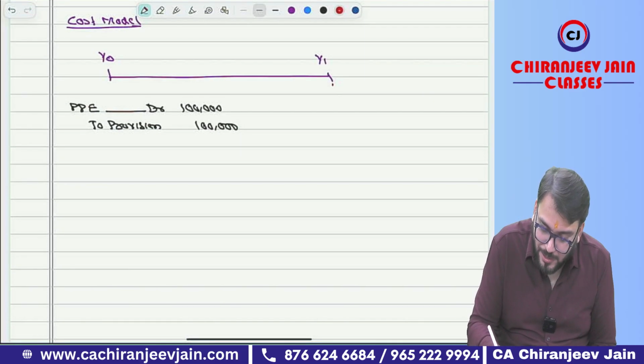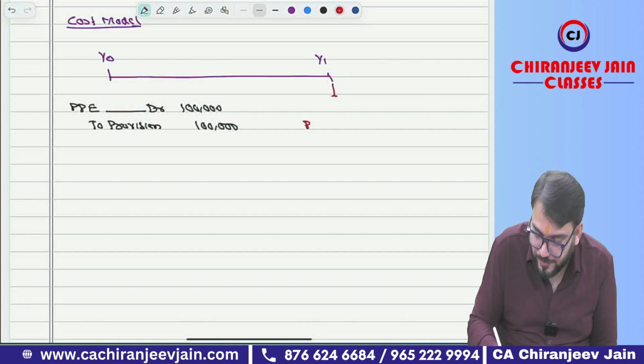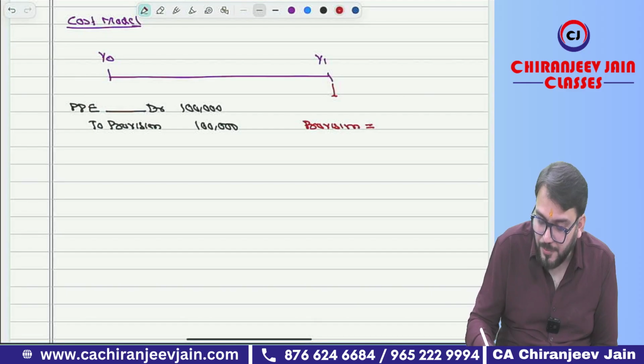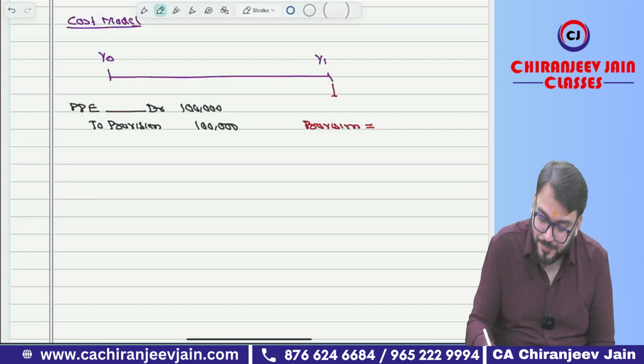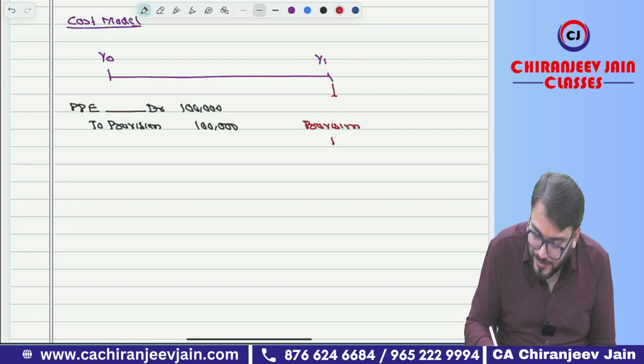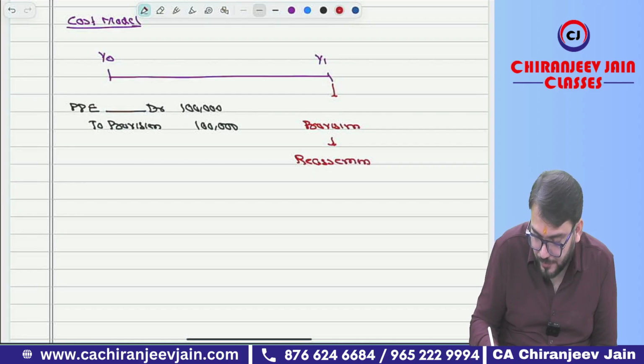Now at Y1, the provision will either become 90,000 or 1,20,000 due to reassessment. So we will do reassessment of provision as per AS 29.